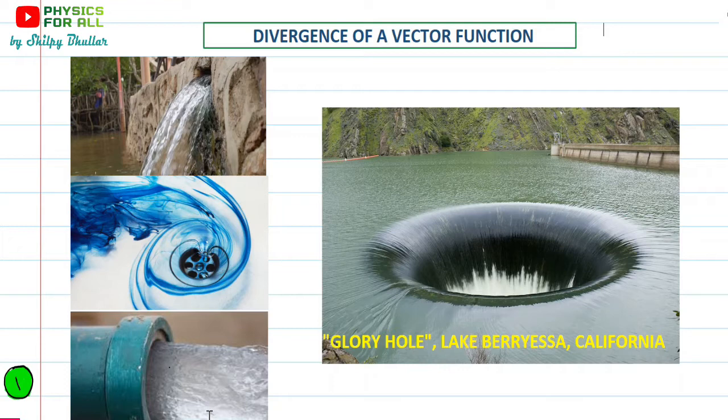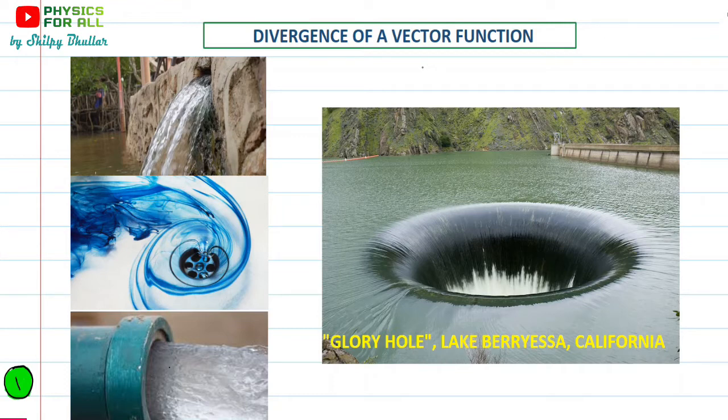So divergence is more like a common big term and we use it for both spreading and converging of any vector function. It tells us whether something is flowing at the same place or is spreading out or converging to a particular point.